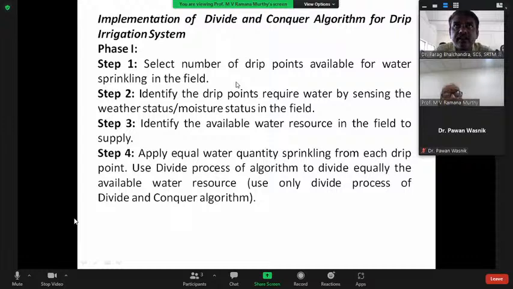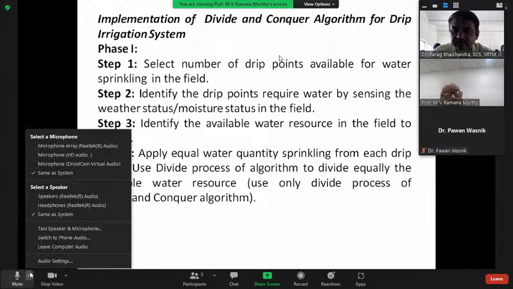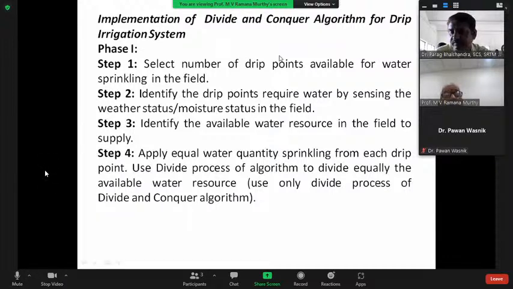Then apply an equal water quantity for sprinkling from each drip, which is the divide process. Then use the divide algorithm to divide the available water source. Here I implemented the conquer process in the divide and conquer algorithm, the water utilized from each drip point according to the water allocated to each sprinkler.